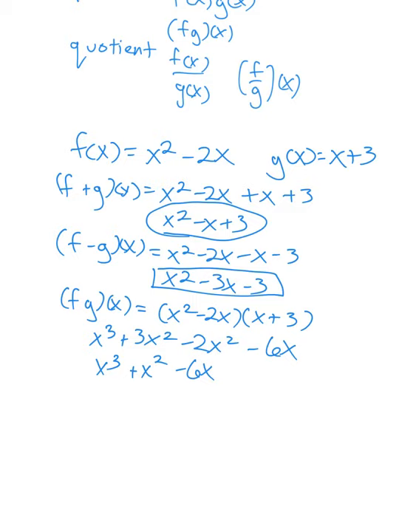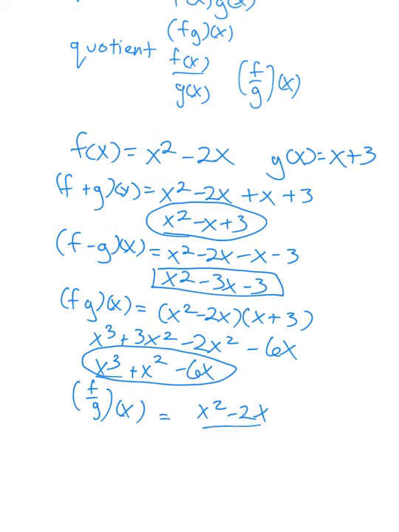And then finally, if we were to divide, let's say f over g of x, this would be our answer back up here with multiplication. If we were dividing, we would just leave one on top of the other. X squared minus 2x over x plus 3. The important part is to know our domain.